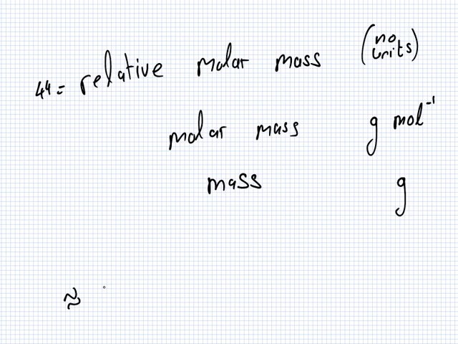Yes, but for relative molar mass it's compared to carbon 12, to 1/12 of carbon 12. So it's 44 times more than 1/12 of carbon 12. Or in other words, it's 44 grams a mole. There's just no units because it's compared to another atom.